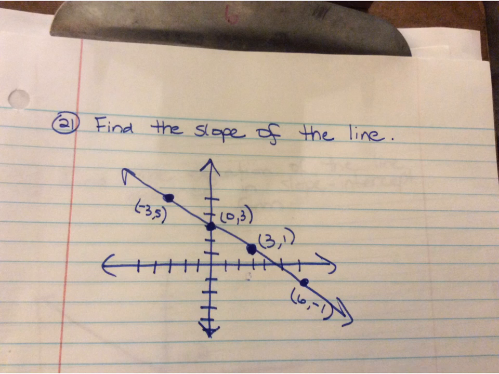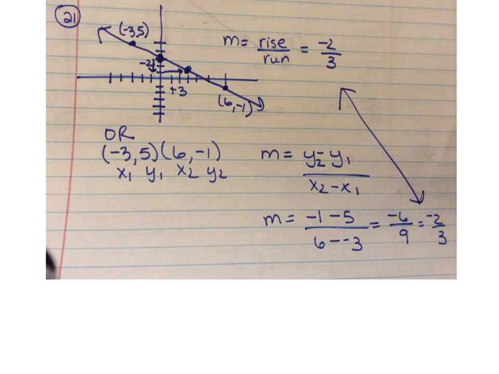Okay, problem 21, find the slope of this line. You've got all kinds of possibilities because I have 4 different points on that line that I could use. I chose the top and the bottom one, so I used (-3, 5) and (6, -1), and I did the slope, -1 minus 5 over 6 minus -3, and I got -6/9, which reduces to -2/3.